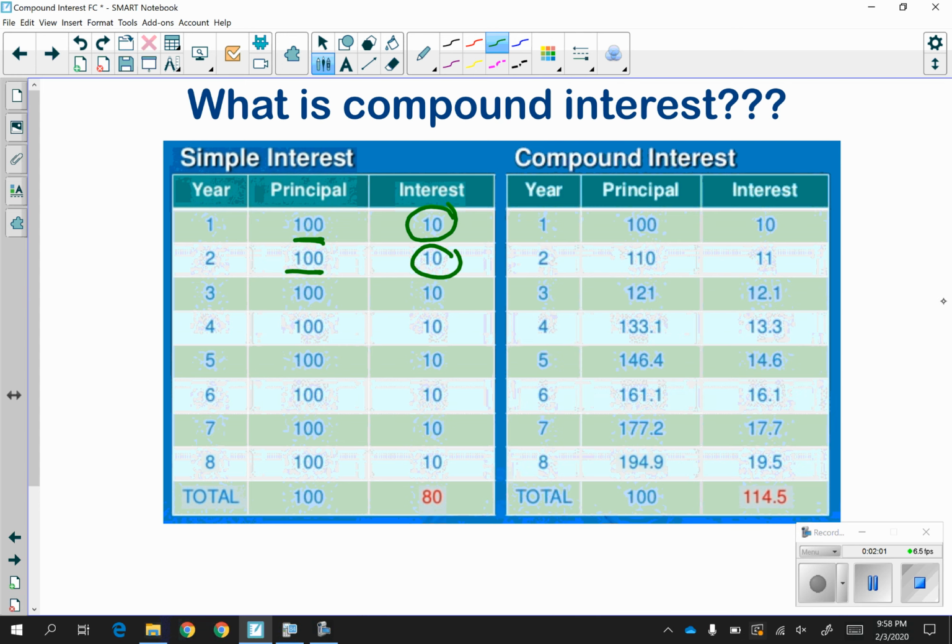Each year, what you get in interest, you reinvest, and you're going to end up with more than if you just kept spending that interest each year. So compound interest is just when you take your interest, you reinvest it, and then you get more money later on. It's interest on your interest.